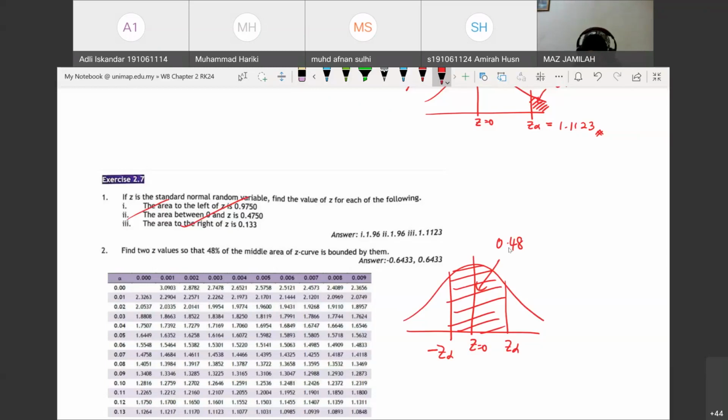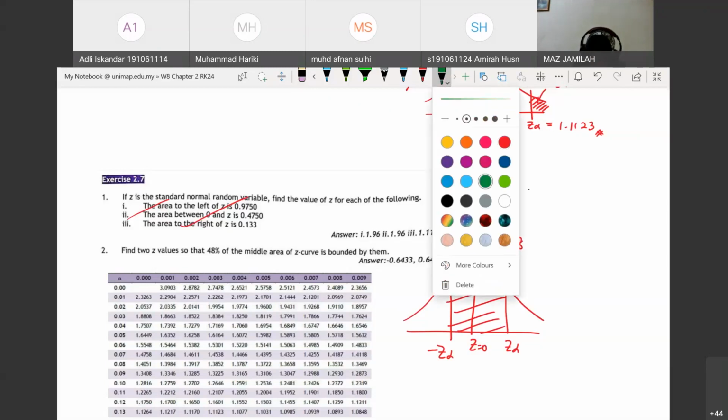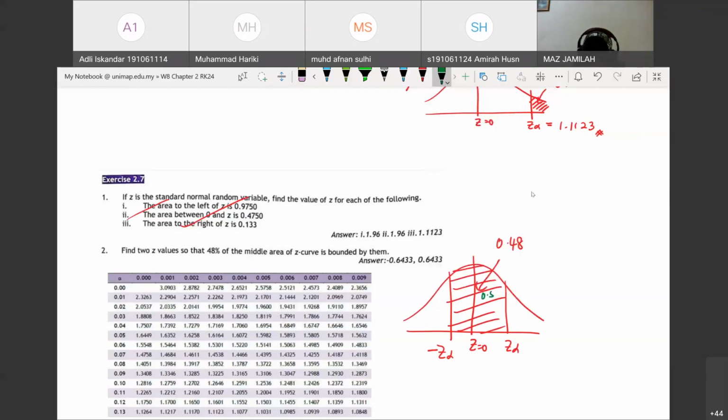Okay, so since we have 0.48, we know that for this portion, it will be what? This one will be 0.5 minus 0.24, so it is given by 0.5 minus 0.48 over 2, which will be 0.26.